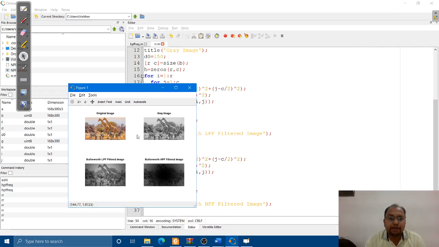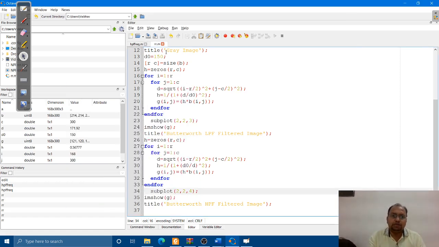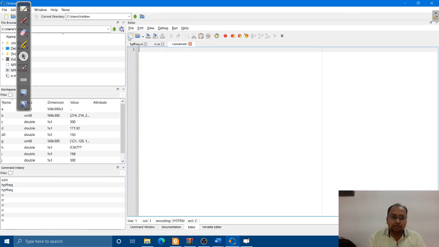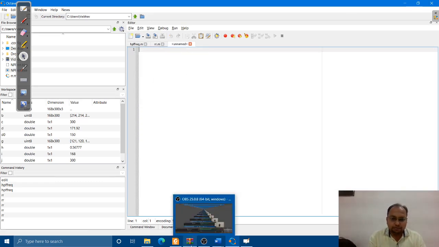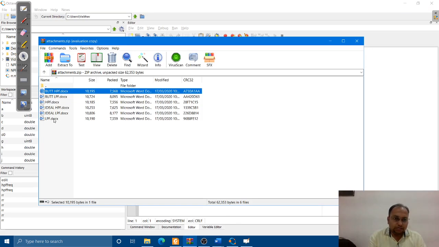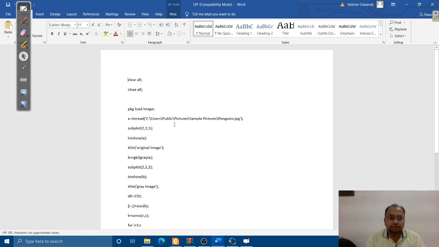In the next lecture we shall be discussing how to go for Gaussian filtering. We'll discuss this in the same program. Let us go for computing this.